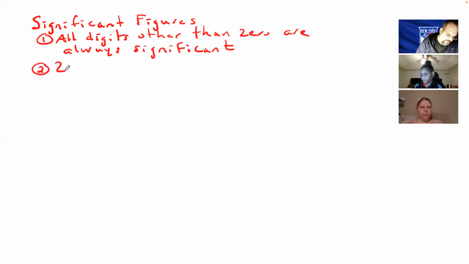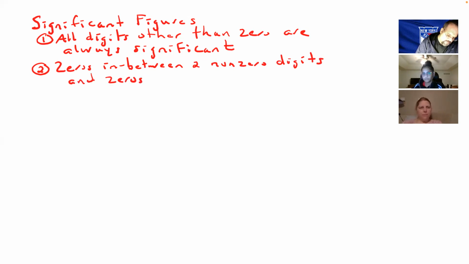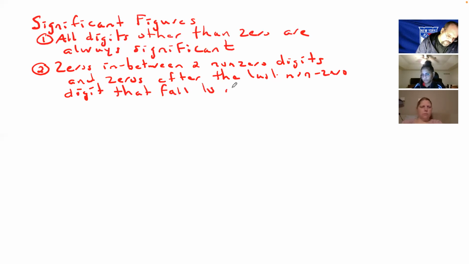So essentially, zeros in between two non-zero digits, and zeros after the last non-zero digit that fall to the right of the decimal point, are significant.